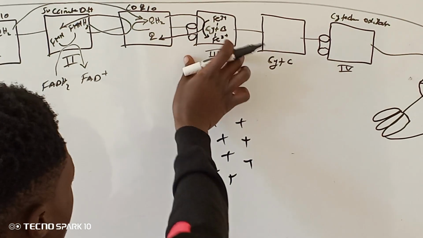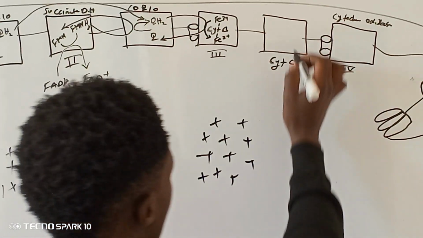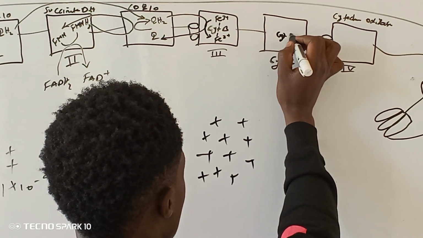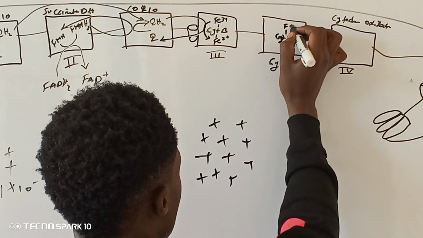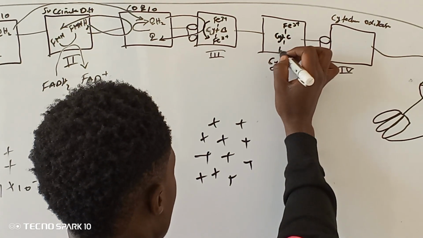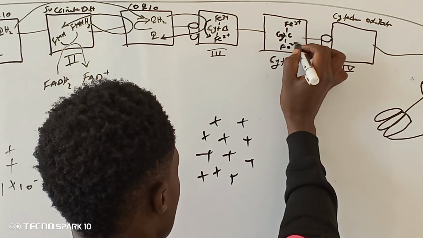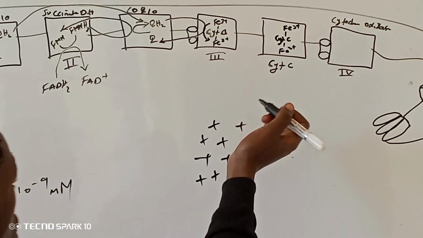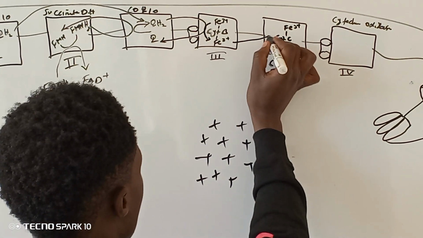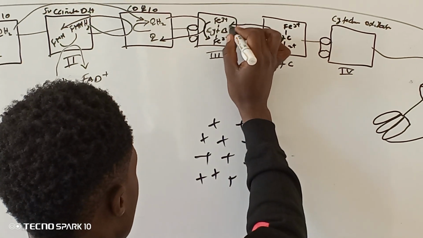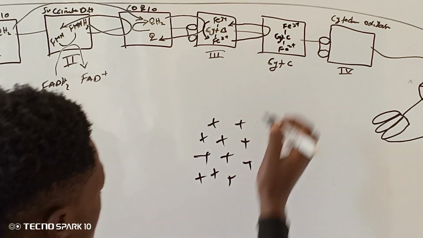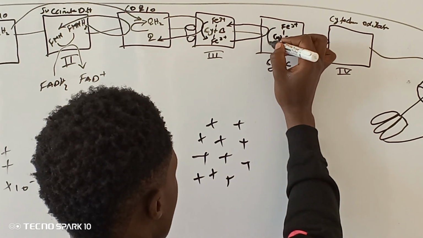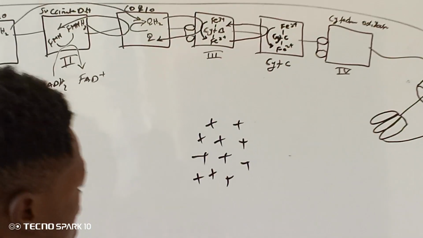Now, this cytochrome C also has iron 3 and iron 2. So iron 2 is going to pass the electrons on and is converted back to iron 3. Then iron 3 of cytochrome C takes the electrons and is converted to iron 2.